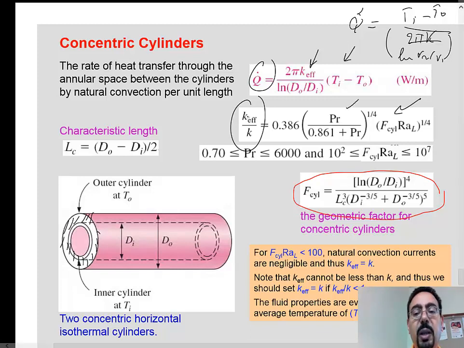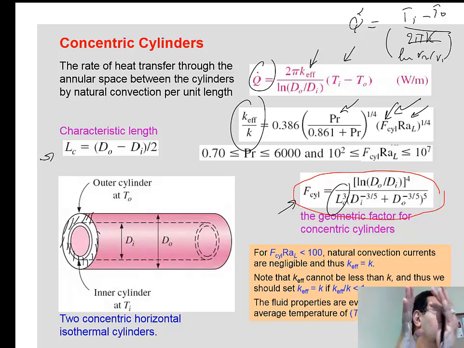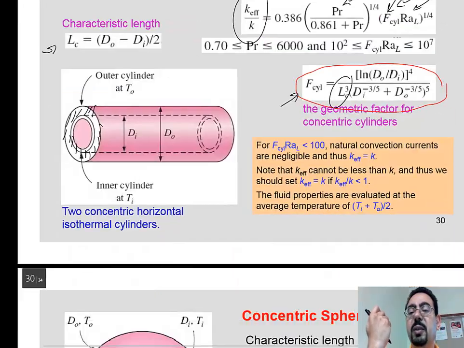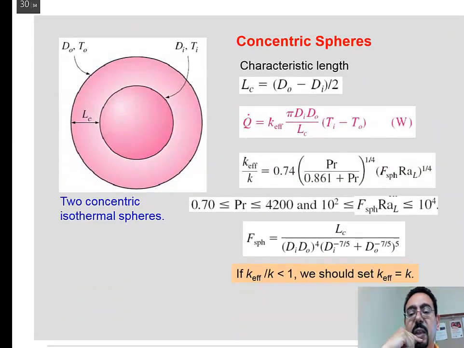It's a function of the Prandtl number, a function of the Rayleigh number based on the length, and a function of this F, the geometry factor, which is basically the curvature, D out and Di over the length scale. So in those trapped geometries, all the natural convection does for you is basically improve your conductivity, making it as if it's bigger.